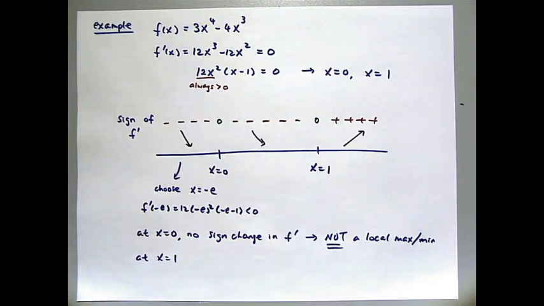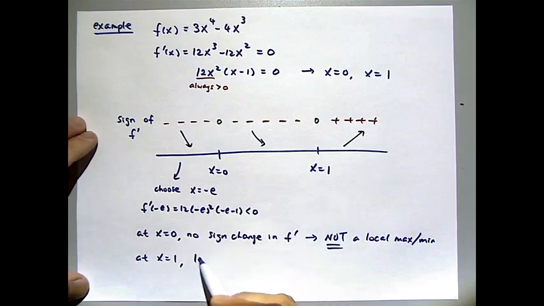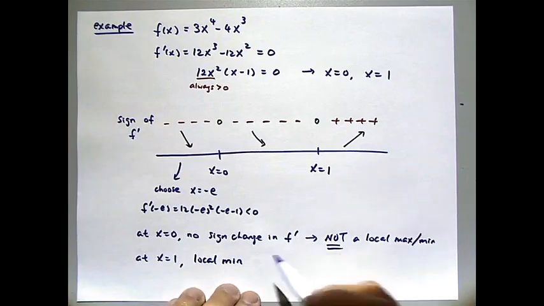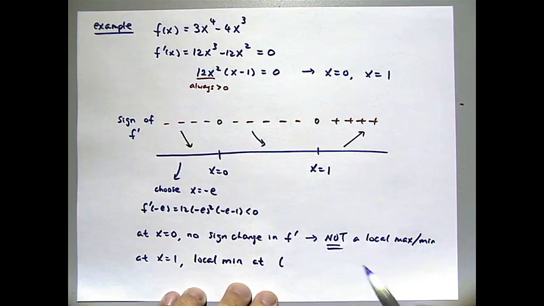What do we have at 1? Decreasing before, increasing after. You reach the minimum at some point, right? Local minimum. Now, sometimes you want to know what the actual function value is.